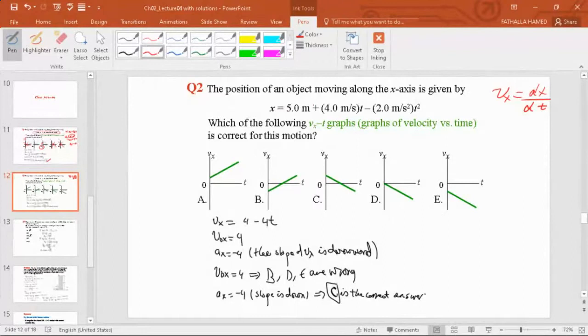And if you do that, the 5 here will give you 0 because it doesn't have any t. So taking d by dt, the dx by dt will give you Vx. The d5 by dt will give you 0, and this one will give you 4, and this will give you 2t, so we get minus 4t. So that's your Vx now.